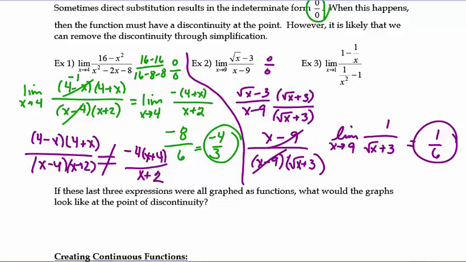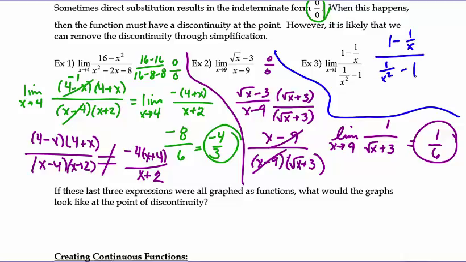All right. And then last but not least, we're going to look at this guy. This is a big old complex fraction. If I plug in 1, I have 1 minus 1 over 1 minus 1, which is 0 over 0. So I'm going to simplify the complex fraction. I'm going to take 1 minus 1 over x and 1 over x squared minus 1. The way I like to handle complex fractions is I multiply the numerator and the denominator by the least common denominator for everything, which would be x squared.